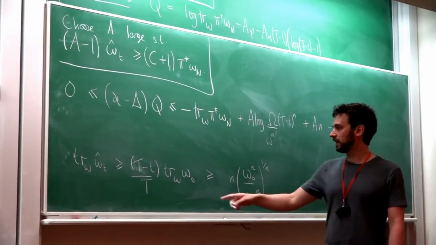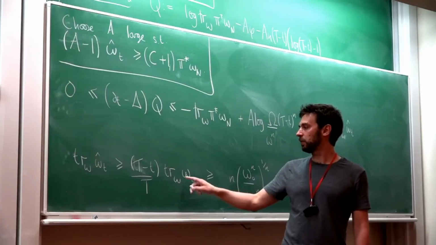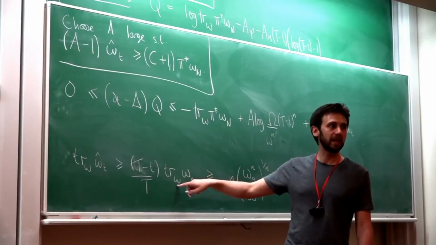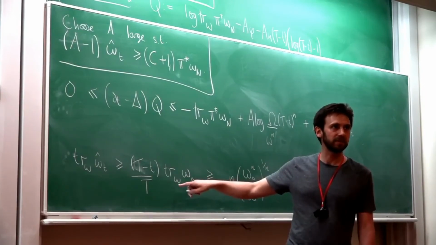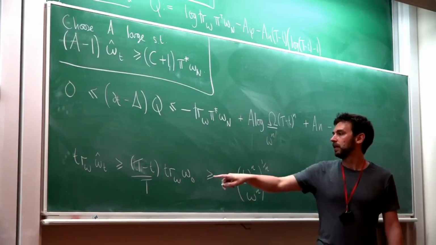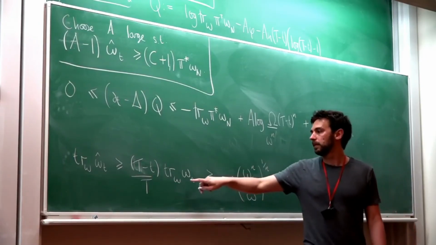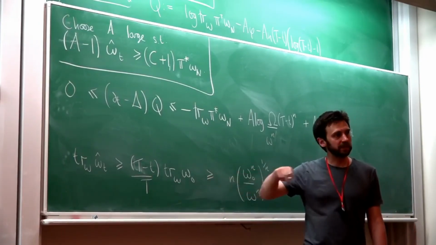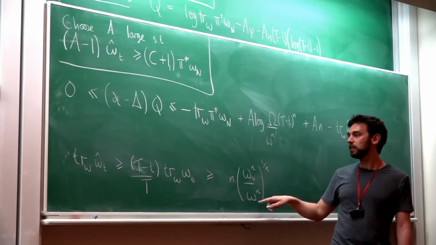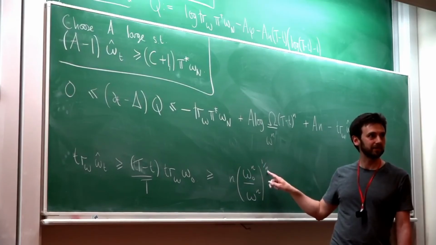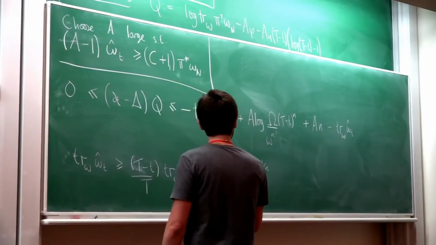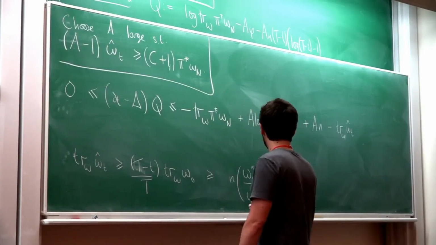Okay, here think of the eigenvalues of omega as lambda 1 to lambda n. Think of this as the identity. It's like 1 over lambda 1 plus 1 over lambda 2. That's just 2, right? And n here is just 2, of course. But then the arithmetic geometric mean inequality says 1 over lambda 1 plus 1 over lambda 2 is bigger than 1 over lambda 1 times lambda 2 to the 1/2. So I get this. And then there's a factor of t minus t as well.